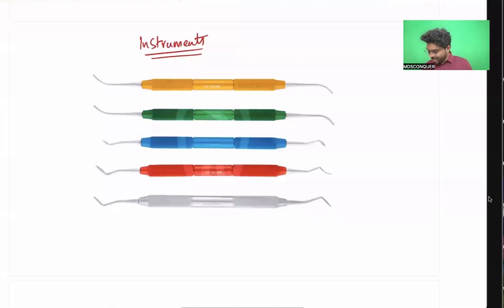You see the tips here. You're not able to see them on my screen. The curettes will be like this. Yes, these are PKTs. PKT will have two carvers also. So what is the full form of PKT?